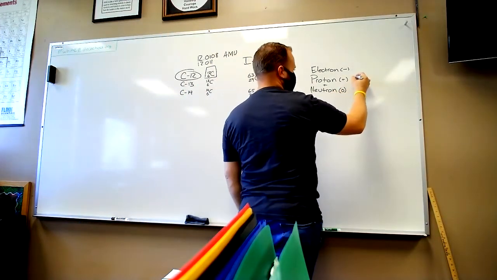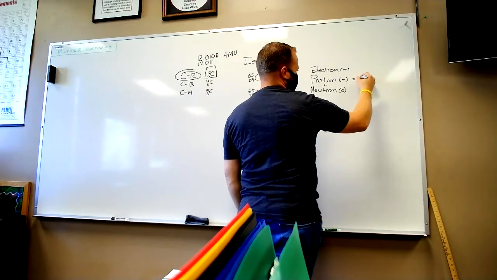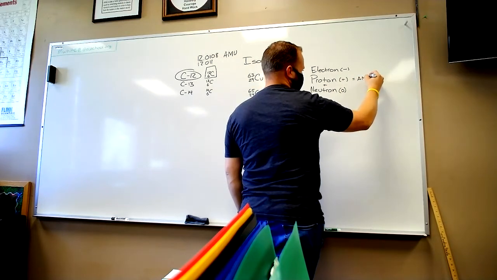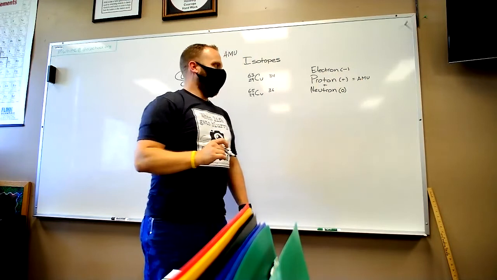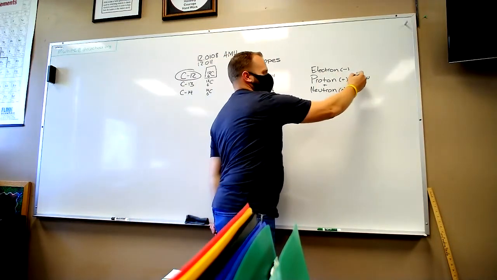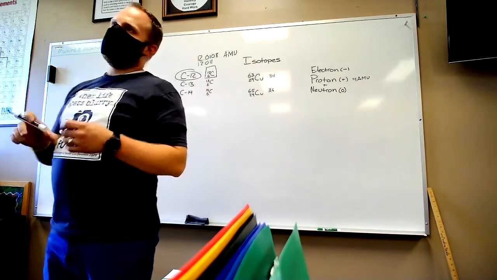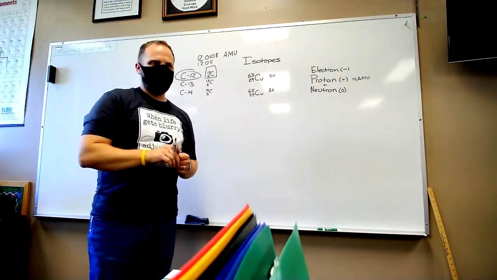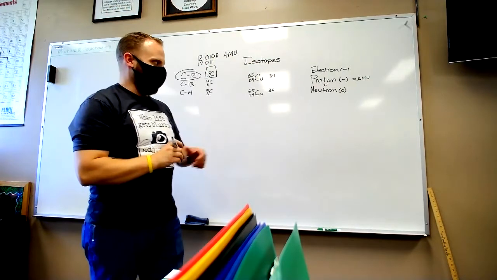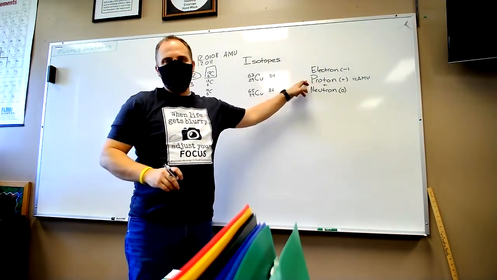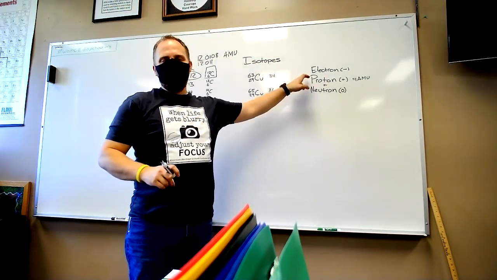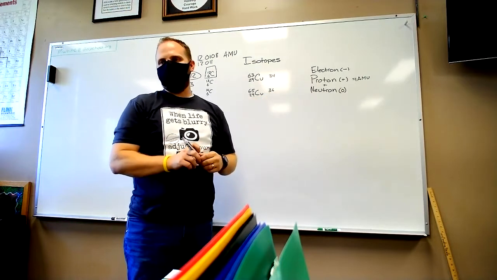One proton and one neutron are pretty much one AMU. Anytime that you need to know the difference between one AMU and the mass of a proton, you're doing some very, very, very specialized work.